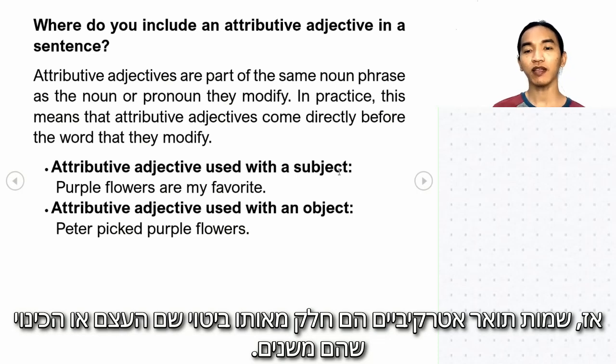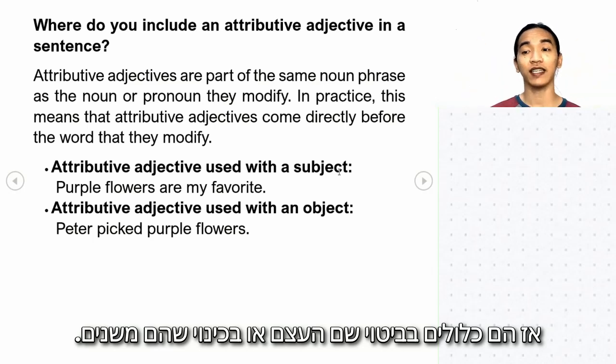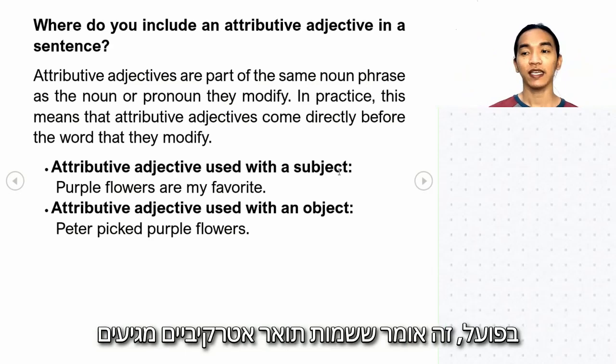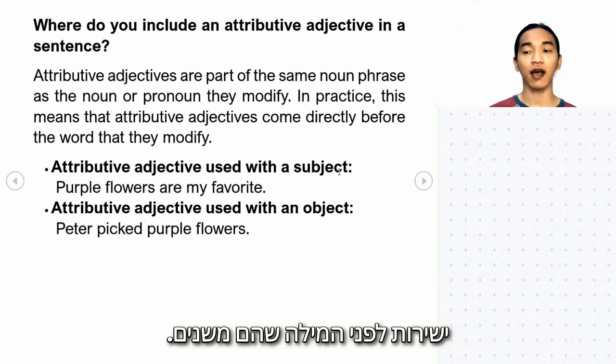Attributive adjectives are part of the same noun phrase as the noun or pronoun they modify. In practice, this means that attributive adjectives come directly before the word that they modify.